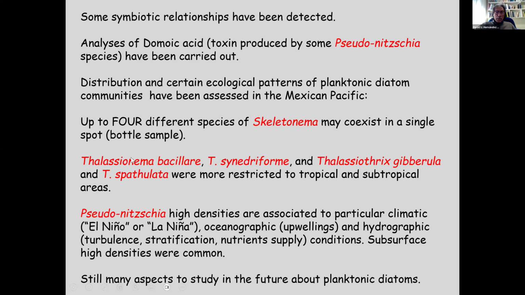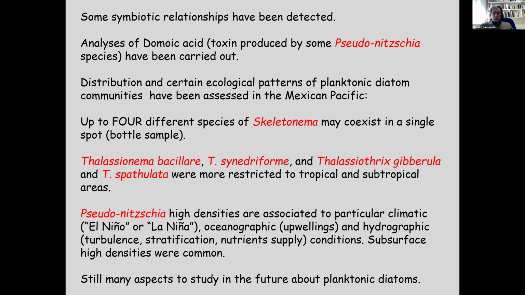And about distribution, this species, Thalassionema bacillare, Thalassionema pseudonitzschioides, Thalassiothrix frauenfeldii, and Thalassiothrix longissima, were more restricted to tropical and subtropical areas. They were not found in more temperate areas. Well, we can confirm this.